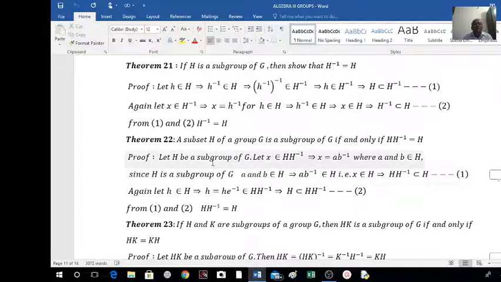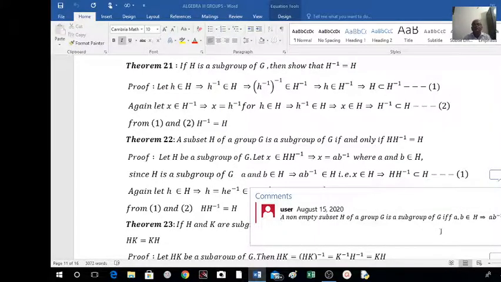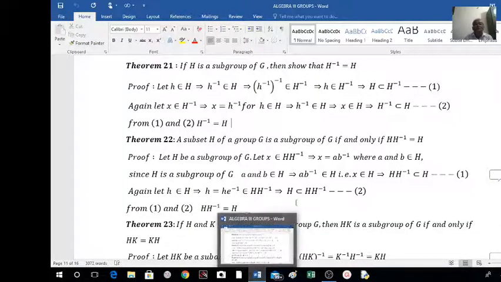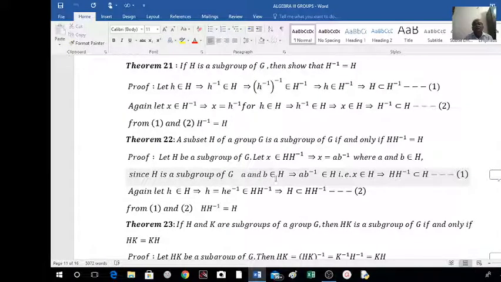Now, given that H is a subgroup of G, H itself is a group. This is the necessary and sufficient condition for a subgroup: a non-empty subset H of a group G is a subgroup of G if and only if a, b belong to H implies that ab inverse belongs to H. So here a, b belong to H. Since H is a subgroup, ab inverse belongs to H. What is this ab inverse?